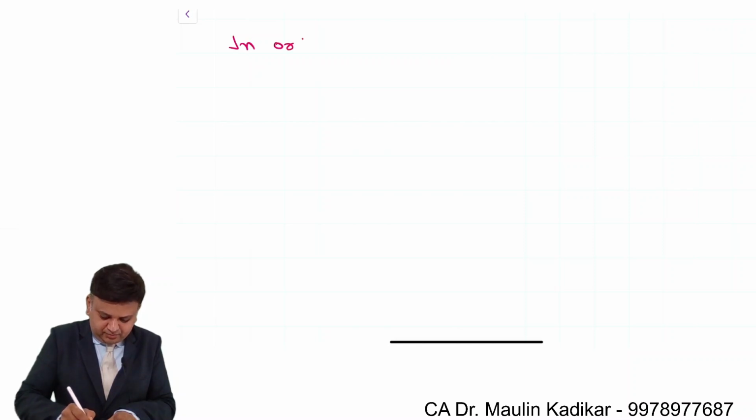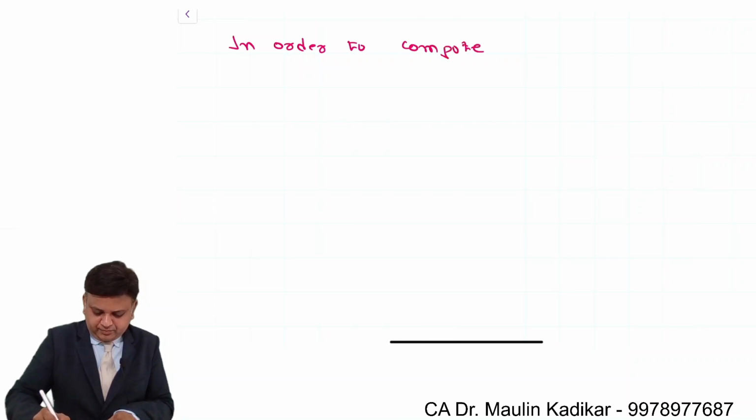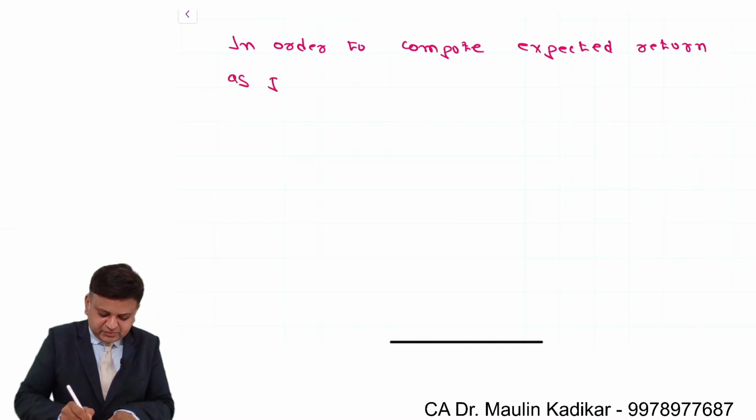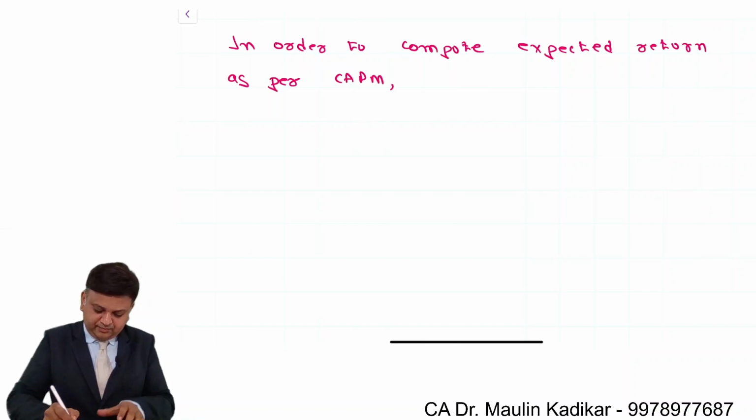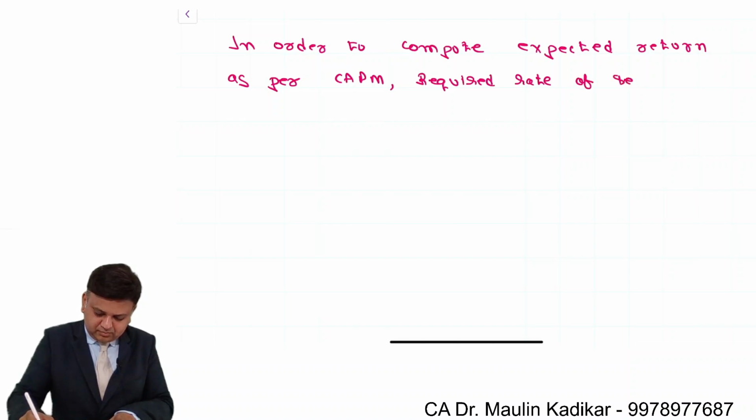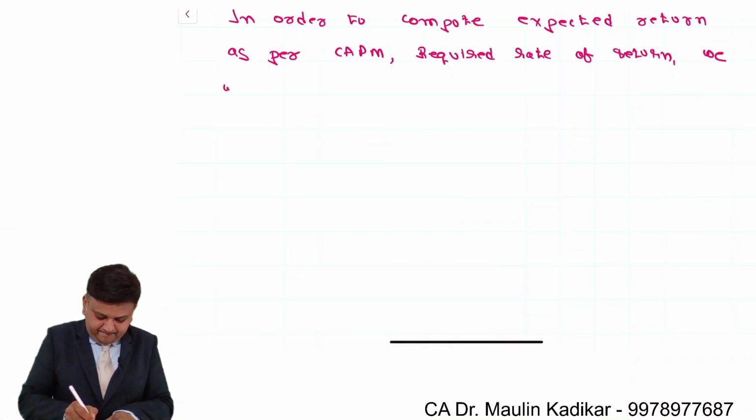In order to compute expected return as per CAPM, comma, required rate of return, we will apply following formula.